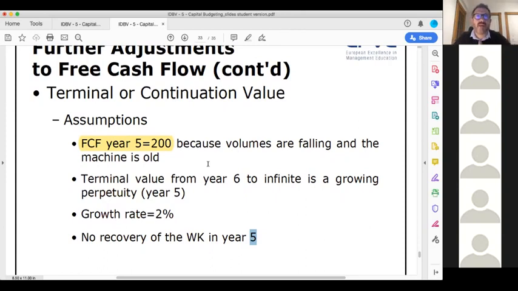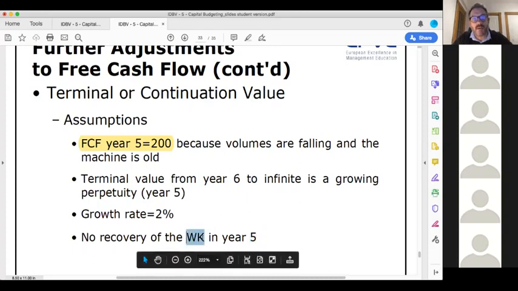After you stop producing, you don't need to have inventories anymore, and so on. But here, if we consider that we keep on producing forever, then you don't have to consider the recovery of the working capital in year 5. Sorry, I usually say working capital with a K. I know that people usually say it with a C, but whatever.